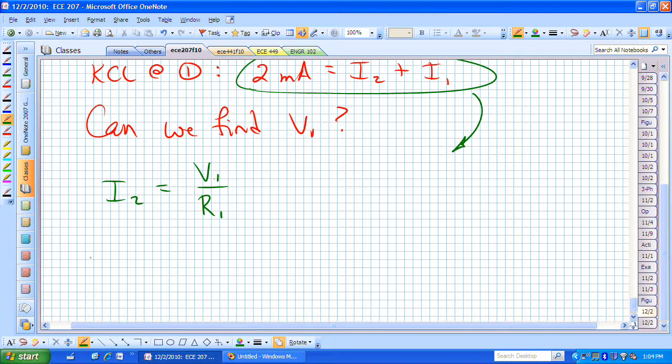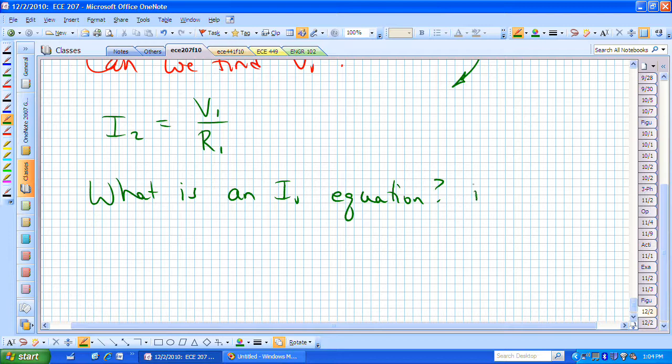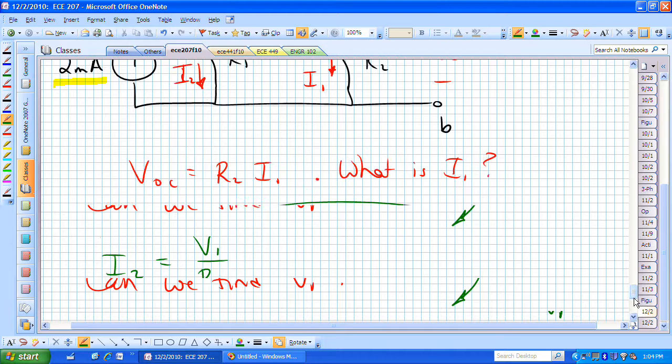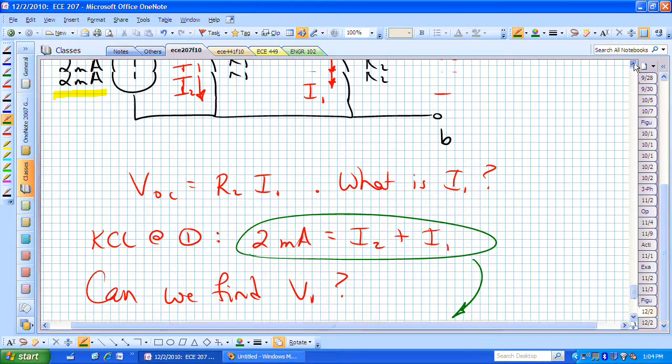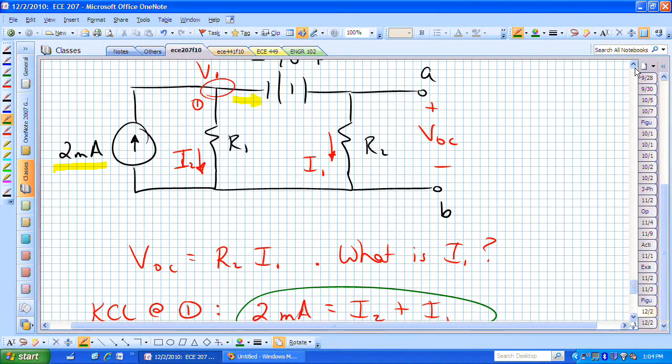What's I1? And in particular, can I actually find that in terms of this unknown node voltage V1? If I go back to my circuit that I was last looking at, hopefully it's clear that maybe if I were to do a KVL, and now what is V1?